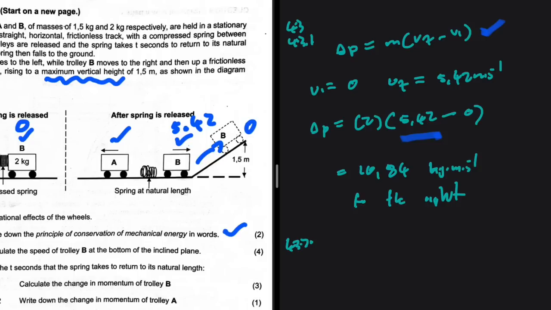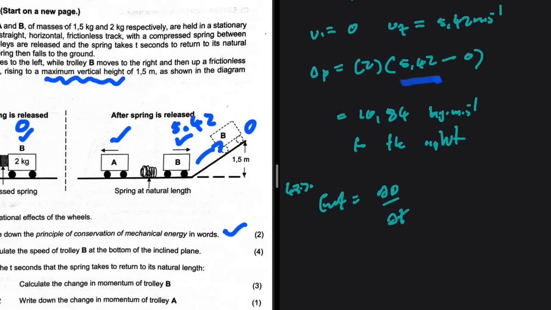It's easy to prove because we know that F net is equal to delta P over delta T. A and B will experience the same force. We cancel time and time. We end up with delta P being equal to delta P, but in the opposite direction because of Newton's third law. So the change in momentum of trolley A will be 10.84 kg meters per second.